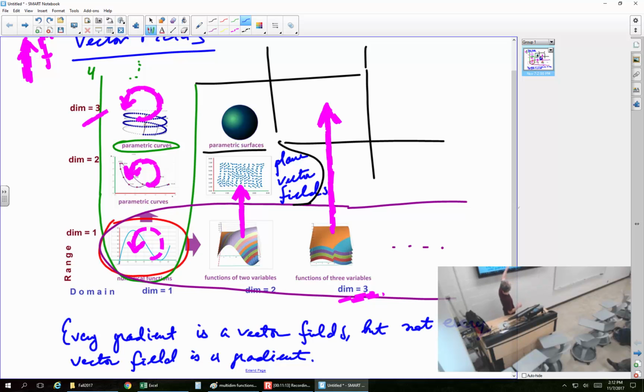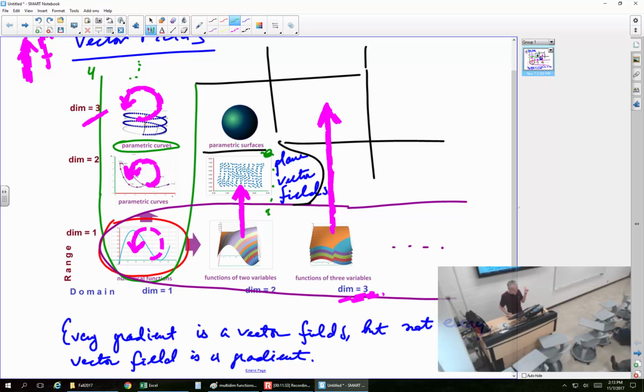And what we say here is that we cannot reverse this arrow. Some of the vector fields over here are not gradients, and therefore that differentiation cannot be reversed. Okay, so that's a profound fact that we're going to look into later.